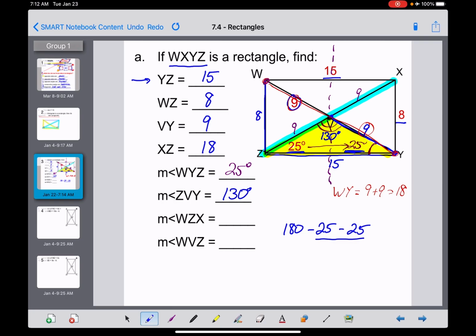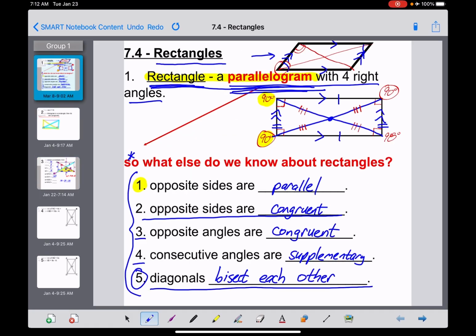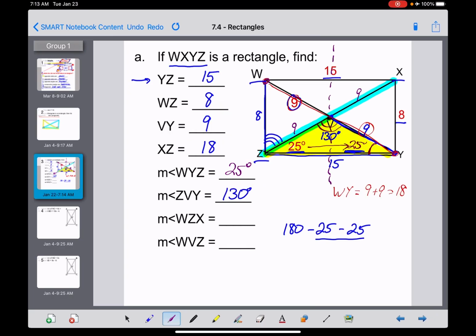All right, so W to Z, so I'm going here to here to here. So now we're talking about this angle, and I better do a triple tick mark right there. Okay, to focus on that, let's go back to our very definition of a rectangle, a parallelogram with four right angles. We know that each one of the corners of your rectangle is 90 degrees.